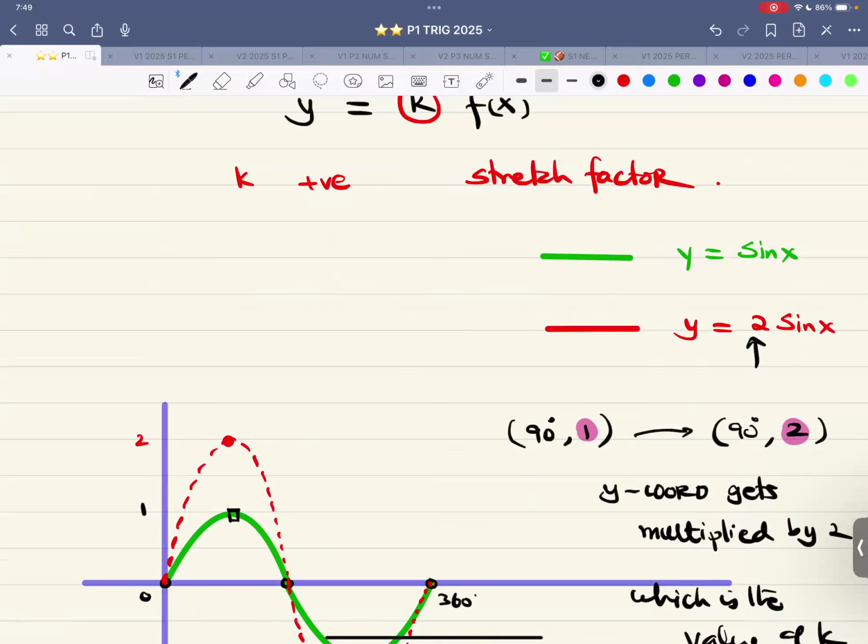So now I talked about reflection. I talked about stretch. Stretch is along or parallel to y-axis. So is this all clear?